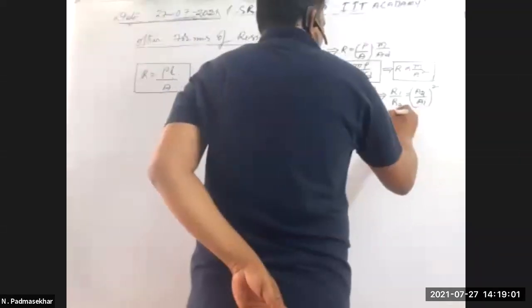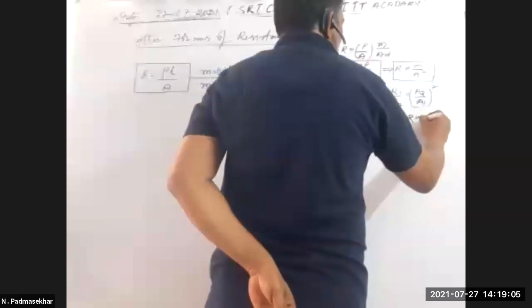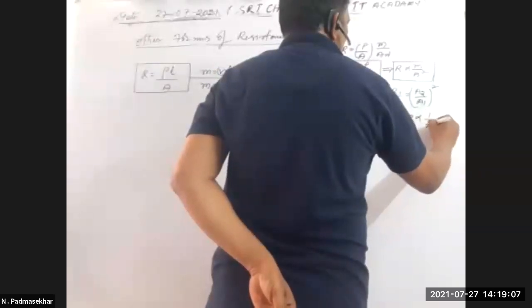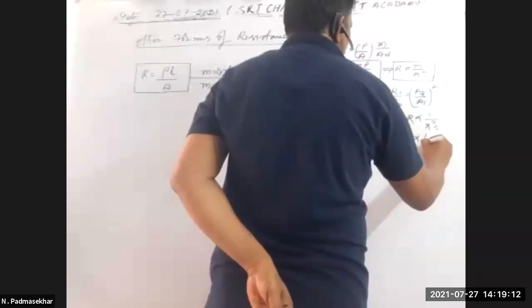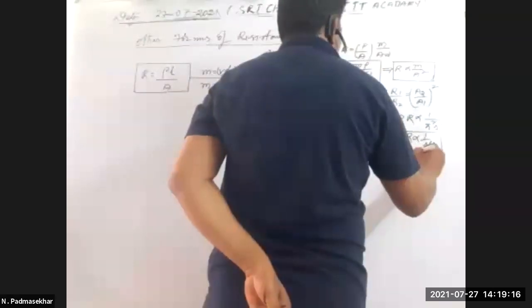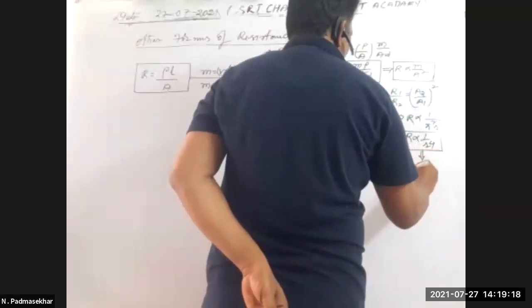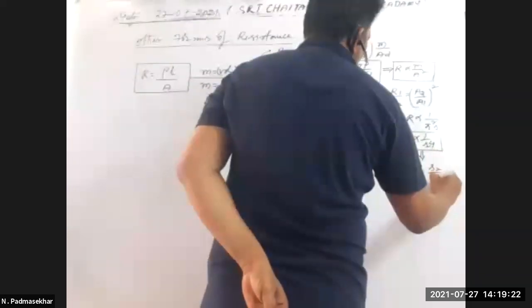So from this we can write that R is inversely proportional to r power 4, which means R1 by R2 is equal to r2 by r1 whole power 4.